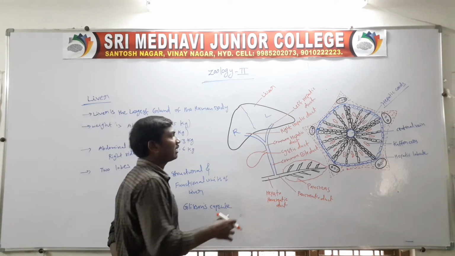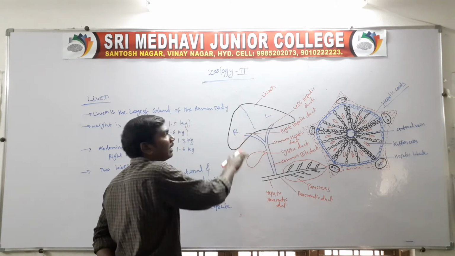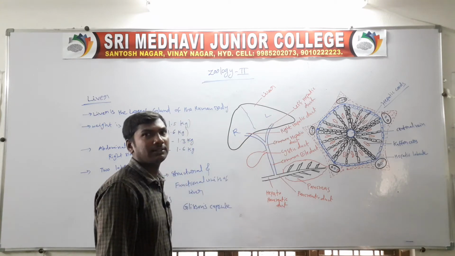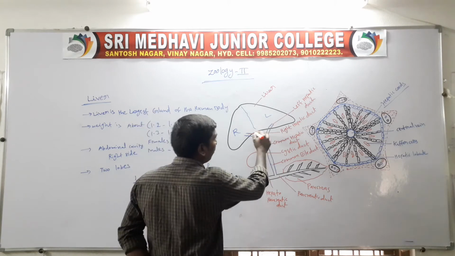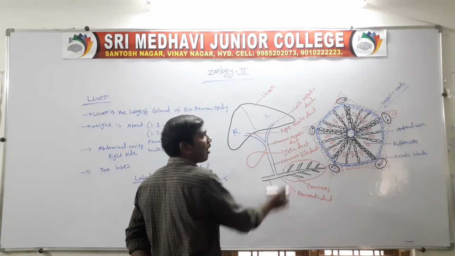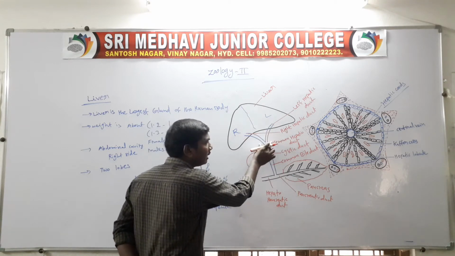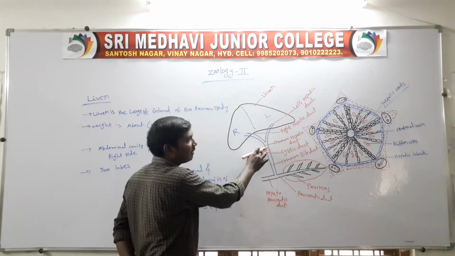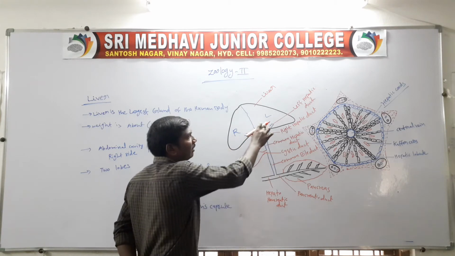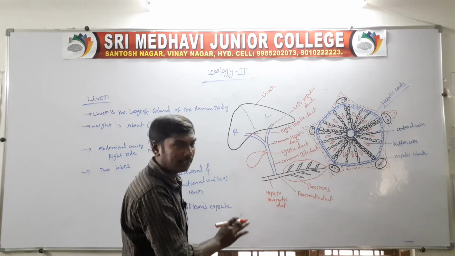That bile comes through the hepatic ducts, one duct on the left side and one on the right side. These two ducts, the right hepatic duct and the left hepatic duct, form the common hepatic duct.